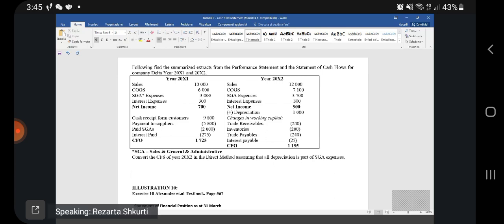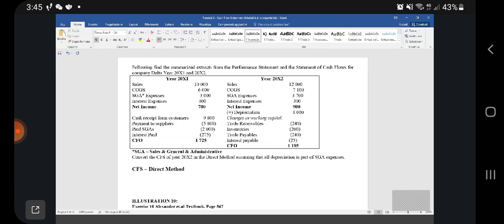Now, in order to prepare the cash flow statement under the direct method, basically I need to calculate 4 or 5 items, it depends. First of all, I need to calculate cash receipts from customers, okay? And how can I do that? Remember the formula that we mentioned during the lecture?